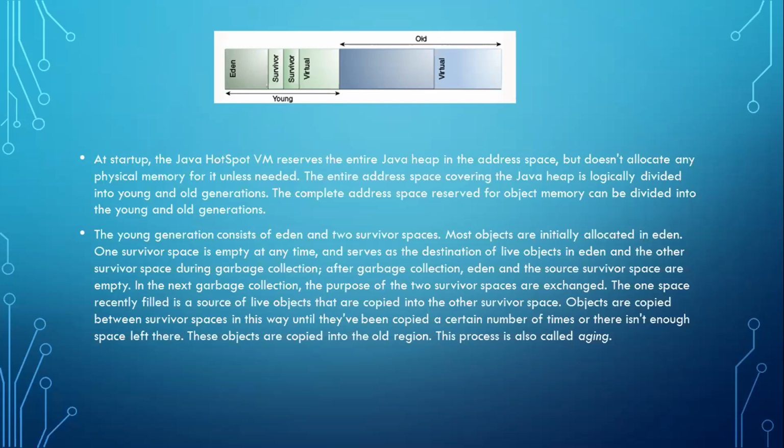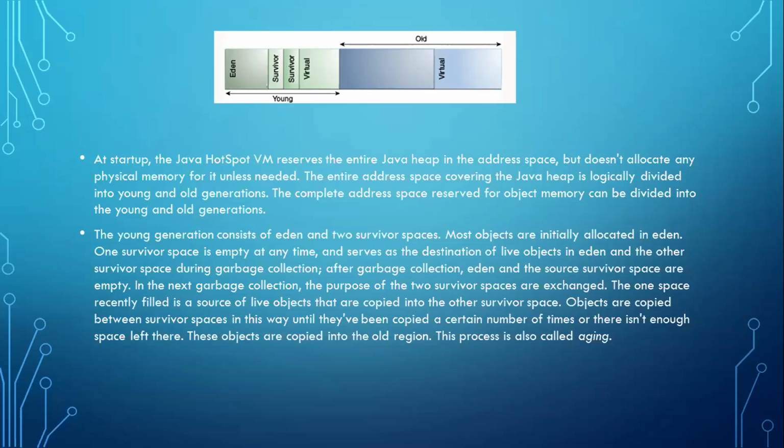Why is it called Eden? It's the Garden of Eden, where when God created earth, he created the Eden garden and put life in it. From that terminology came the Eden space in Java garbage collection.